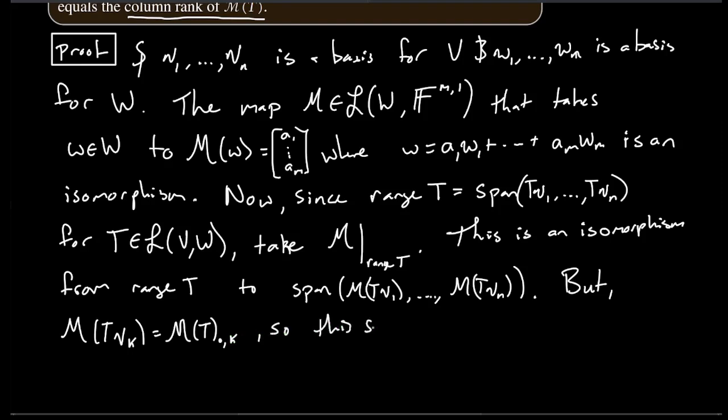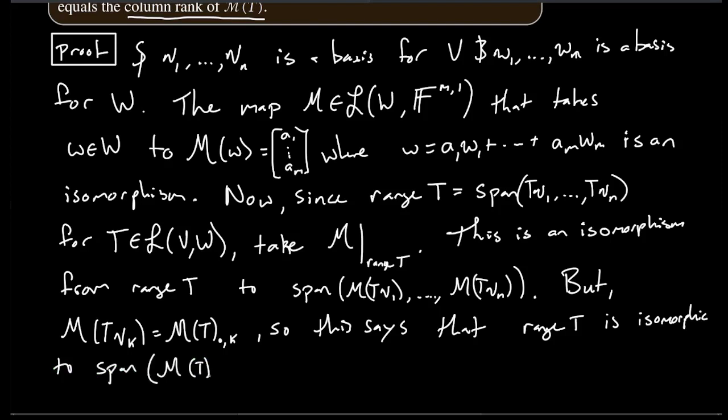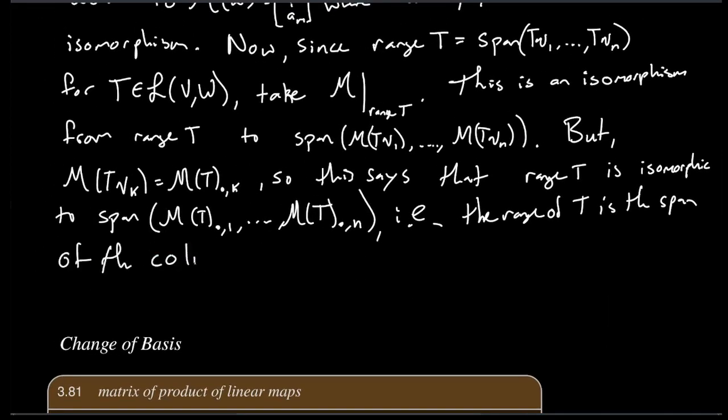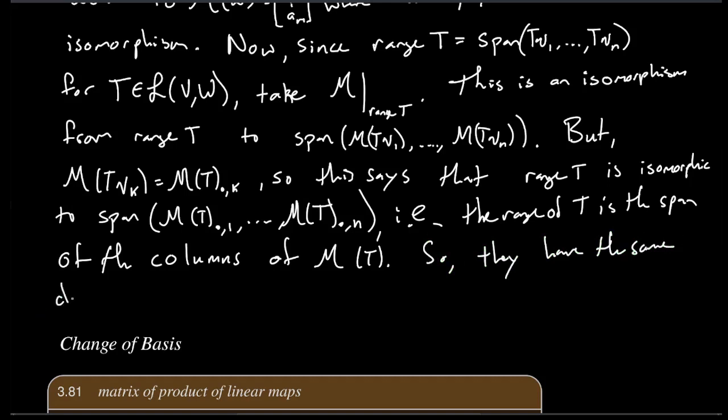So this says that range T is isomorphic to the span of M(T)_{.,1} all the way down to M(T)_{.,n}, i.e., the range of T is the span of the columns of the matrix of T. So they have the same dimension, which is the rank of T.